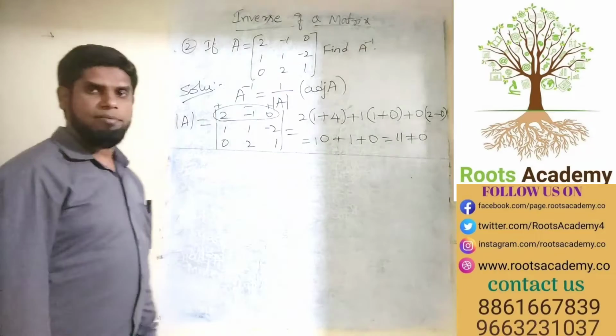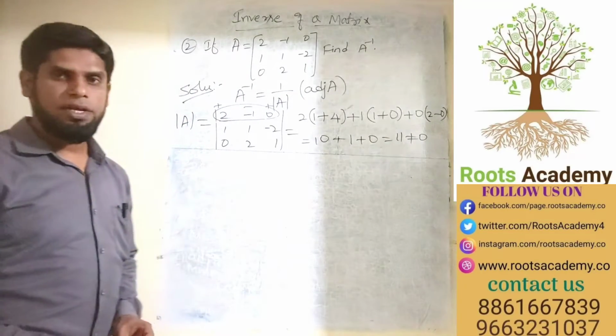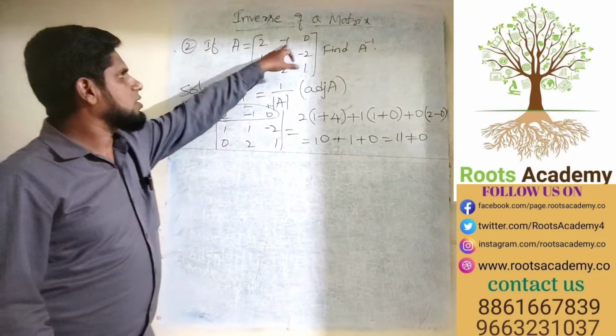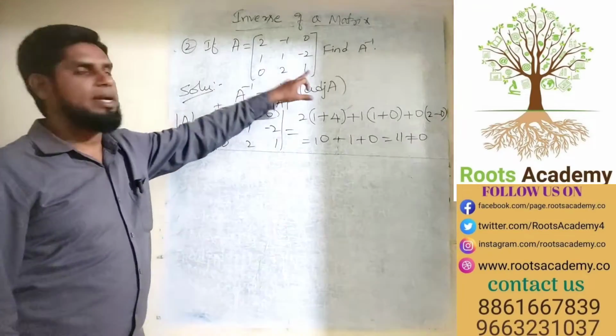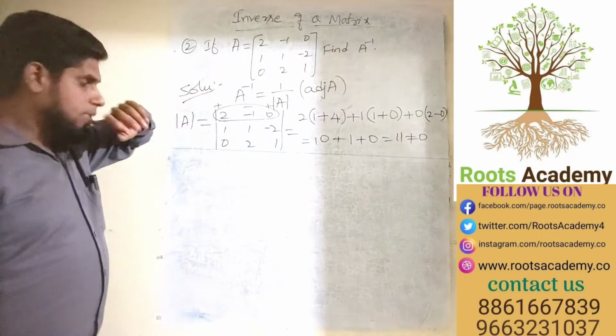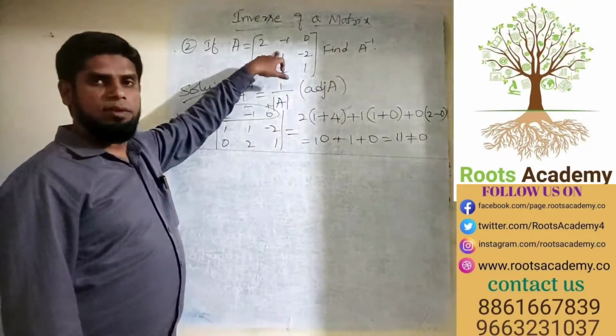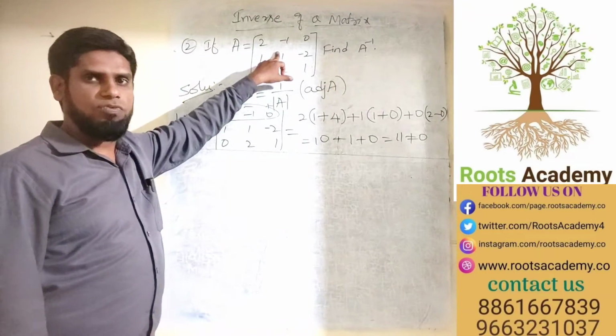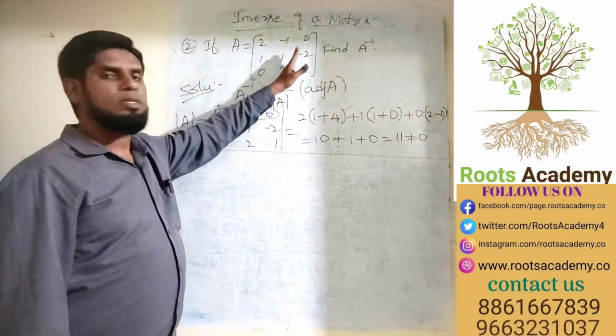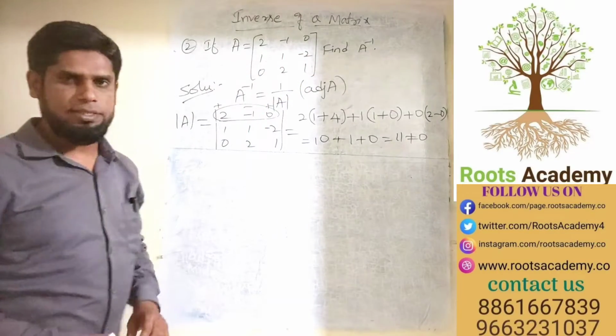Now after the determinant, let us try to find the cofactors of each and every element of the given matrix. Because it is a 3 cross 3 matrix, we don't have any shortcut to find the adjoint, so better we use the concept of cofactors.